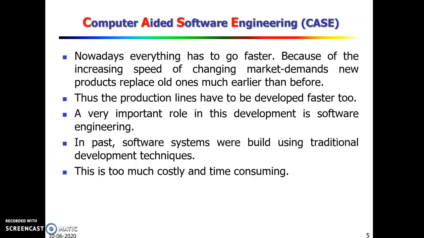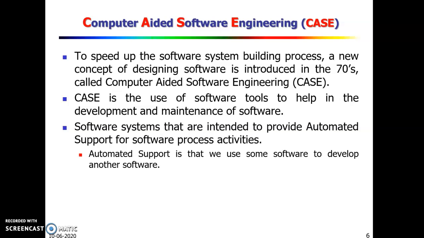In the past, software systems were built using traditional development techniques. This is too costly and time consuming. To speed up the software system building process, a new concept of designing software was introduced in the 1970s, called computer-aided software engineering.